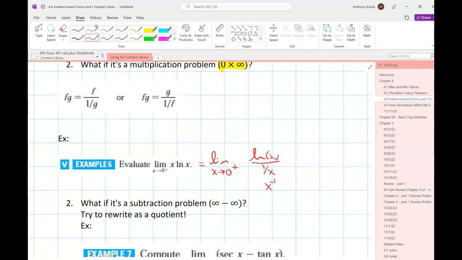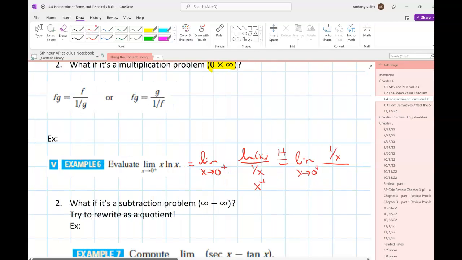This is now in a form for L'Hopital. We can check again if we want. The natural log of 0 is infinity. 1 over 0 is infinity. We have infinity over infinity, right? So L'Hopital. The derivative of the natural log is 1 over x.